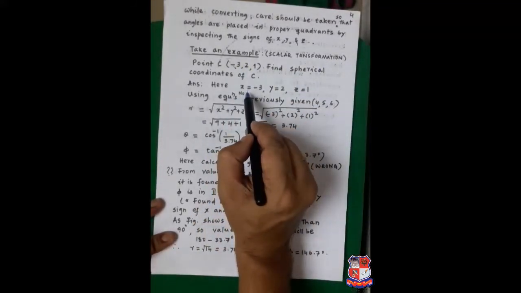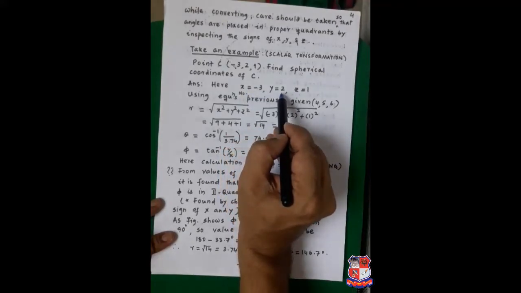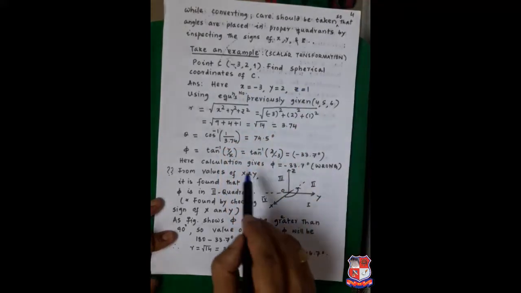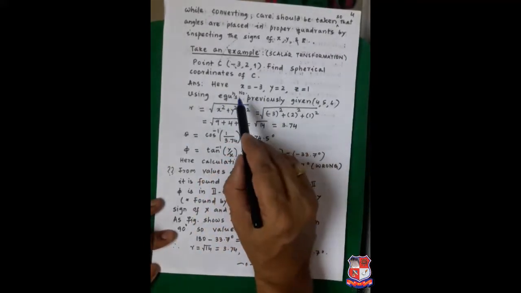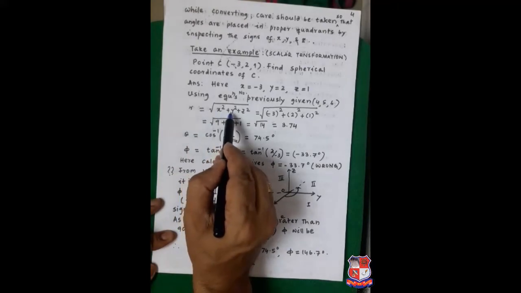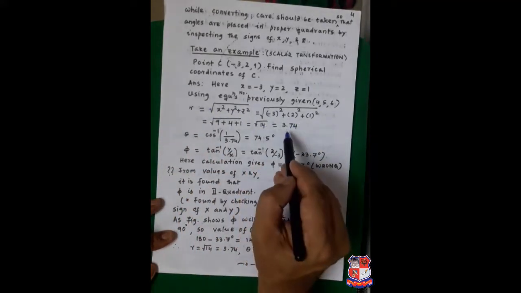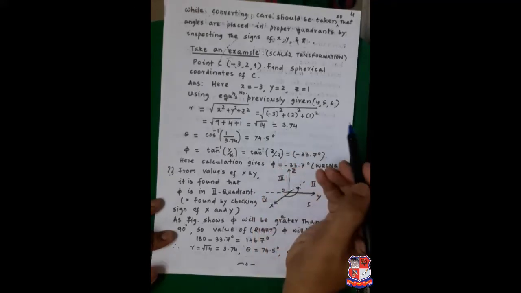In this question, x is equal to -3, y is equal to 2, z is equal to 1. Using equations 4, 5, 6, r is equal to the square root of x square plus y square plus z square, which gives root 14. It comes as 3.74.